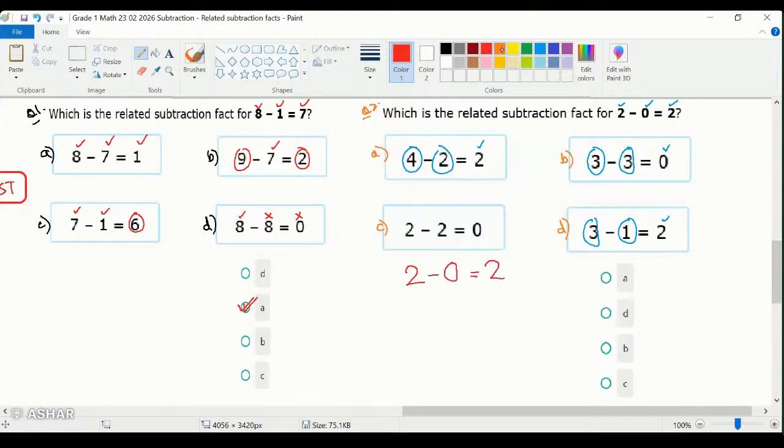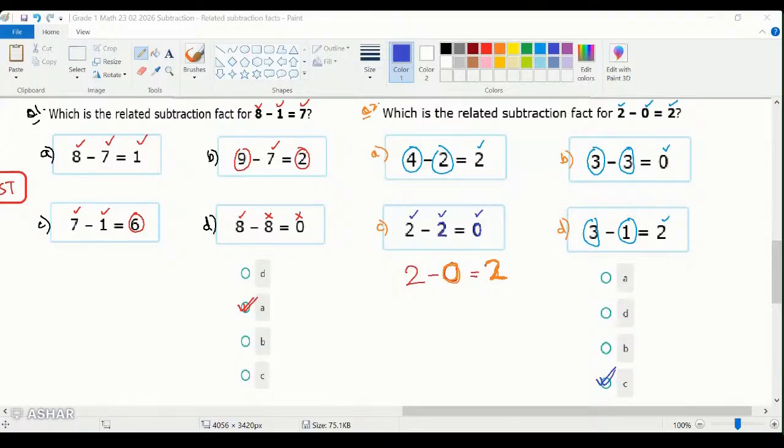If we swap the positions of 0 and 2, that means 2 and 0. Agreed? That means option C was the correct answer, right? Option C. We click on option C.